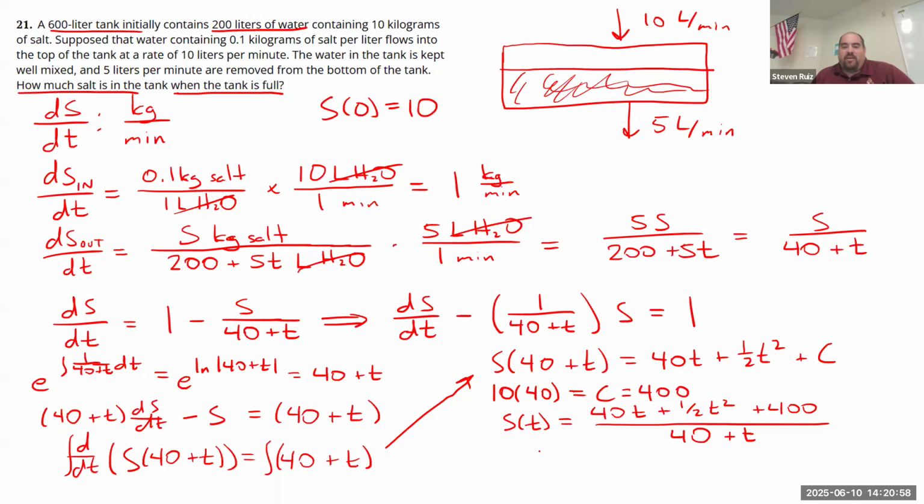So I want to evaluate this function at 80. So what is the amount of salt that's going to be in here at 80 minutes? Let's go ahead and find out. So 40 times 80 plus 1/2.